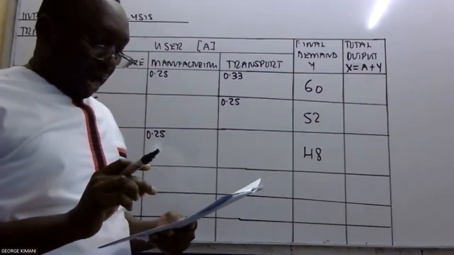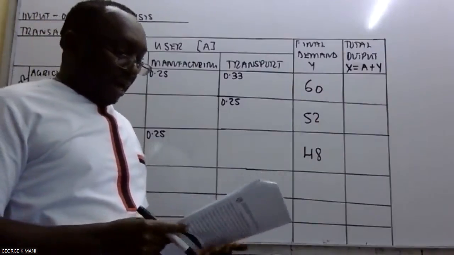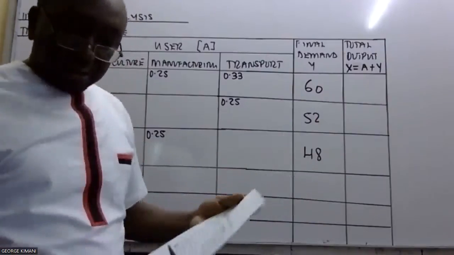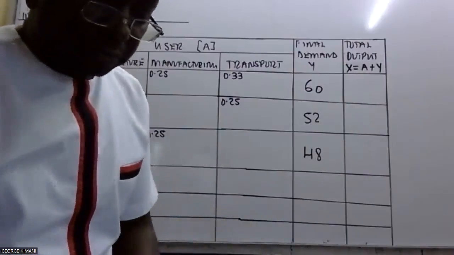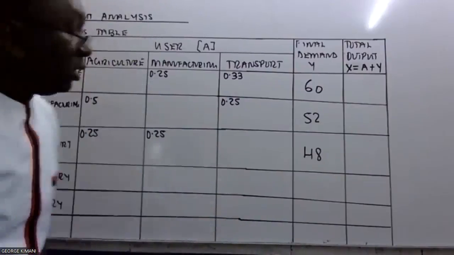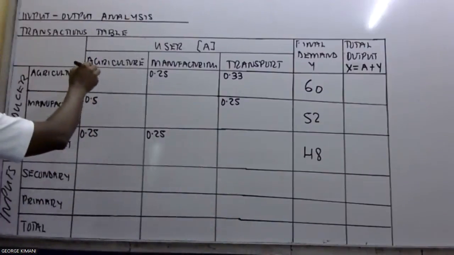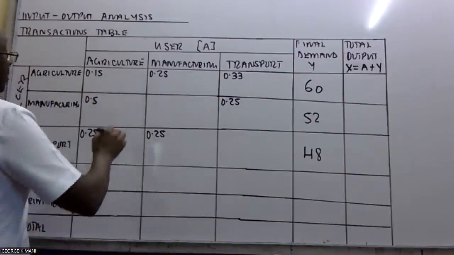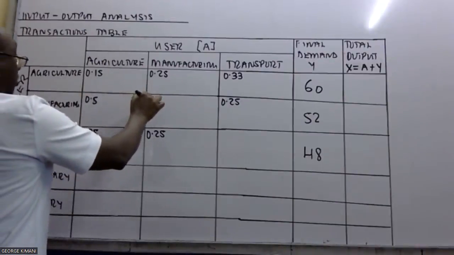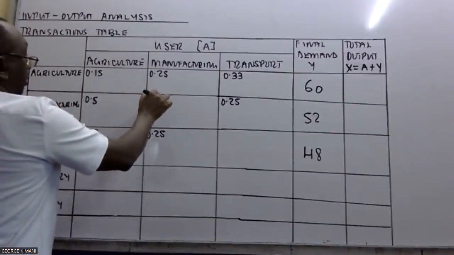So we are going to assume some figures and we work with that. So put this one to be 0.1. Put this to be 0.30.